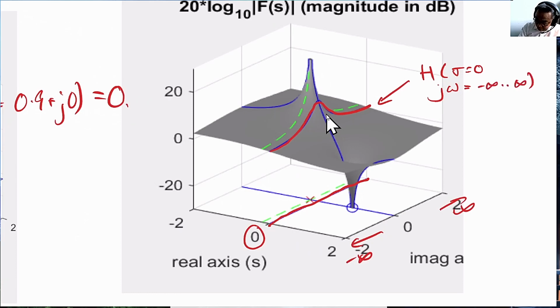This red line along this surface is from minus 2 to 2 at this moment. This plot is the plot of h of j omega, which is the plot of the Fourier transform of h of t.